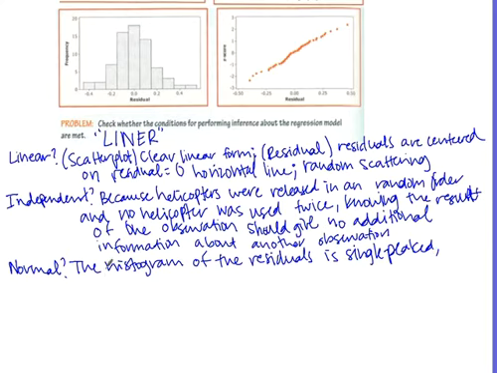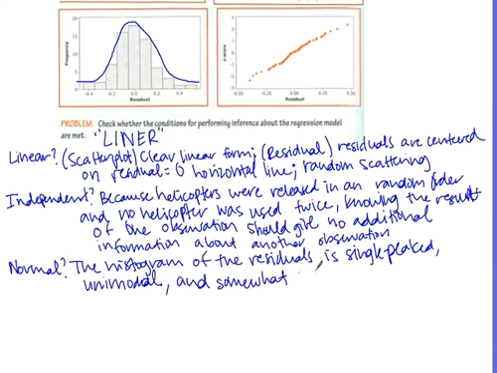We can also see that it's unimodal. And we can tell that it has some sort of a bell-shaped curve. Remember, if all of those things are true, then we do have normality.